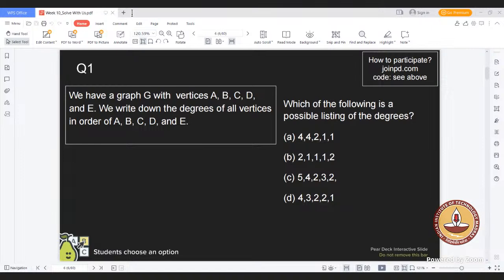You have to post the answer in the chat box. So everyone who got the answer, just post it in the chat box. Which option is correct?